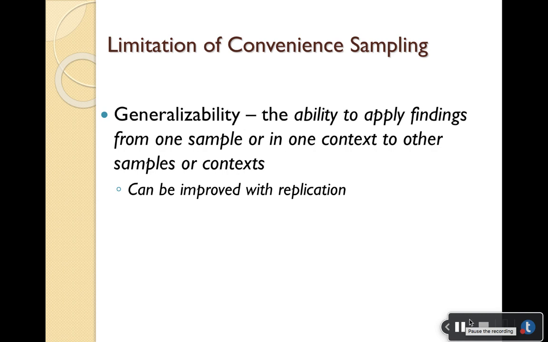One way that we get around this limitation of the convenience sample, as I said before, it really impedes our ability to generalize or to apply those findings from one sample to another. And one way that we get around this in our convenience sample is to replicate our studies. So I might do a study with one set of students at a college in exchange for extra credit, and I may find that a certain study method seems to improve their grade.